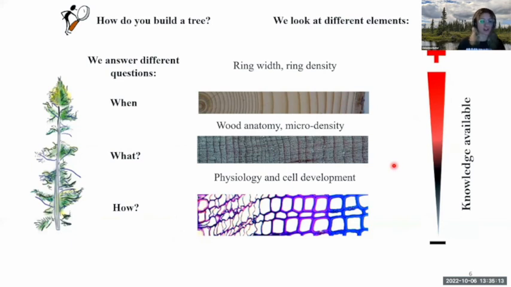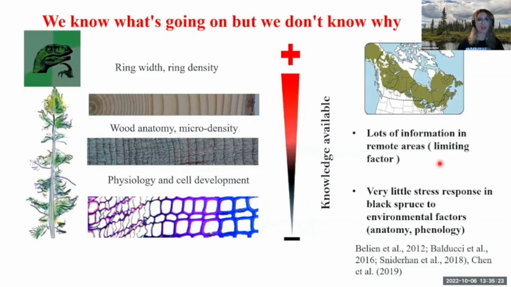And it's, of course, for historical reasons, because we started studying ring width and we are only now studying cell development in trees. What makes things a bit more complicated is that a lot of information about tree growth is recovered from remote areas. This is related to the fact that we were used to studying tree rings in places in which there were limiting factors to growth.